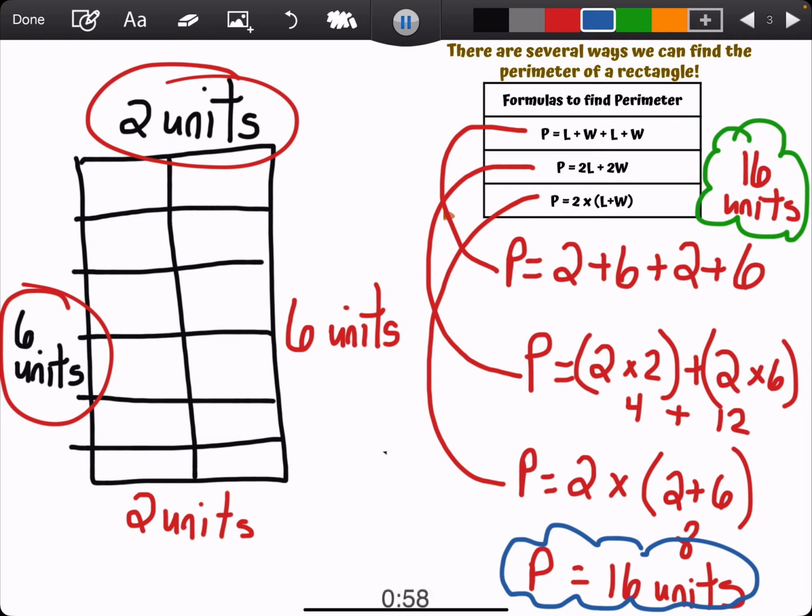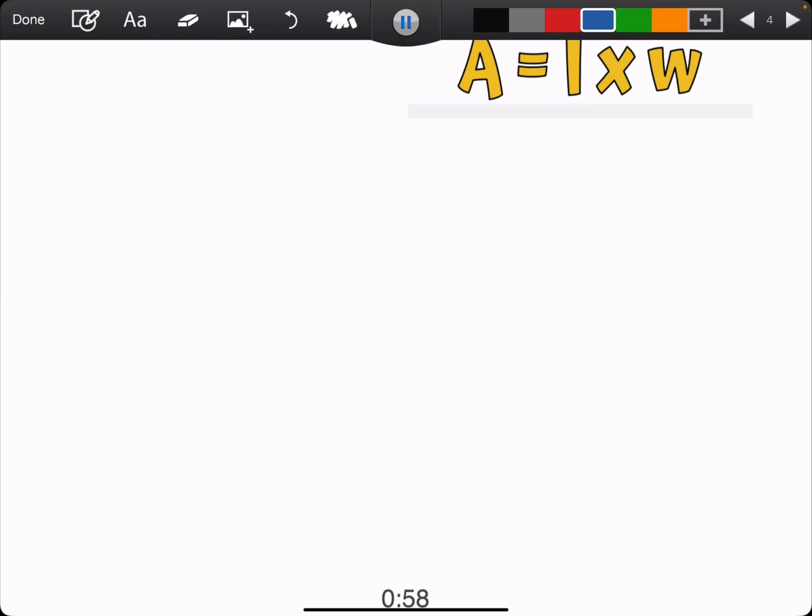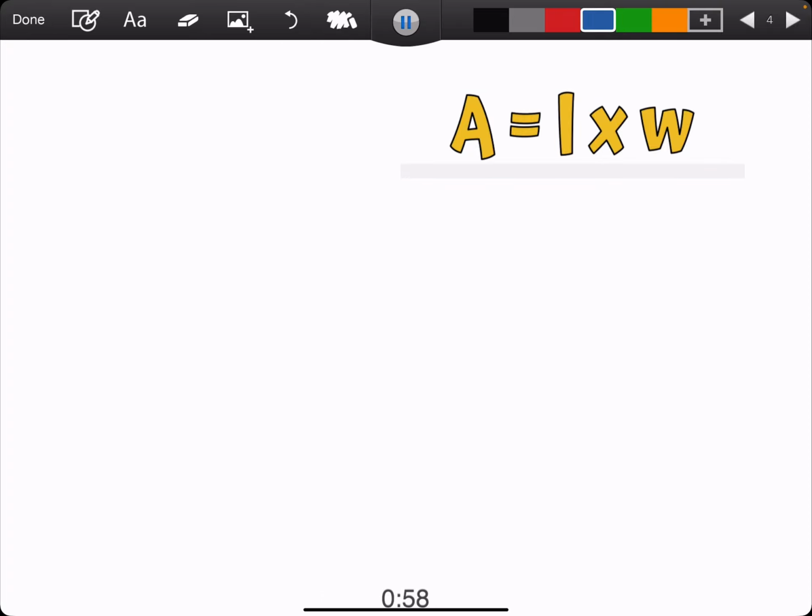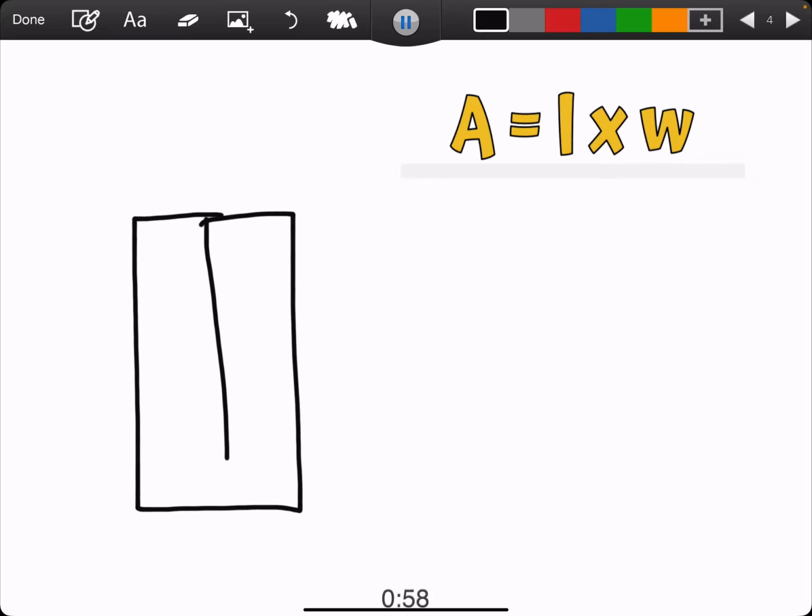Now, to find the area, I'm going to go over here. I have my formula. I'm going to draw that rectangle again. 1, 2, 3, 4, 5, 6.